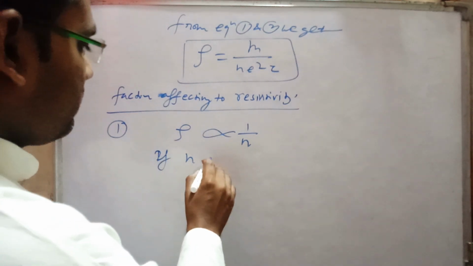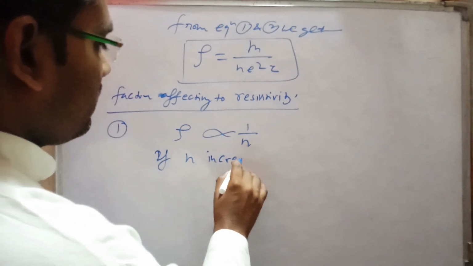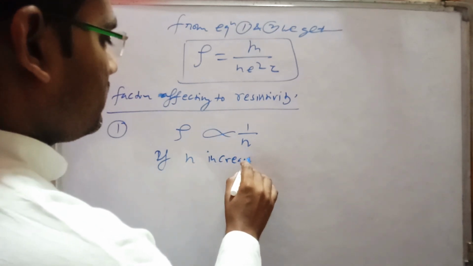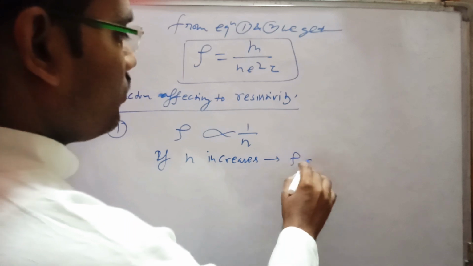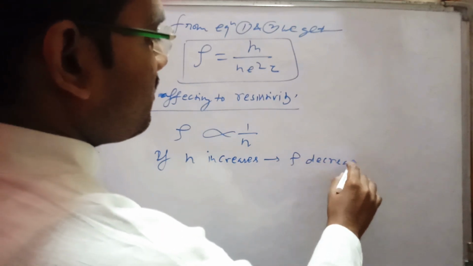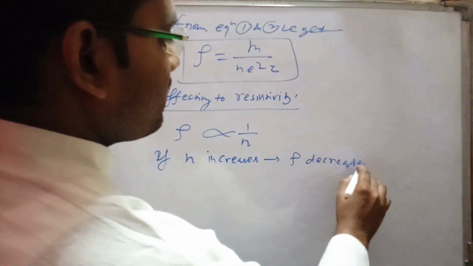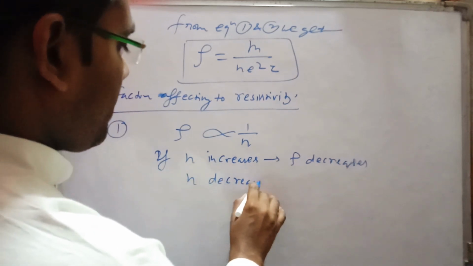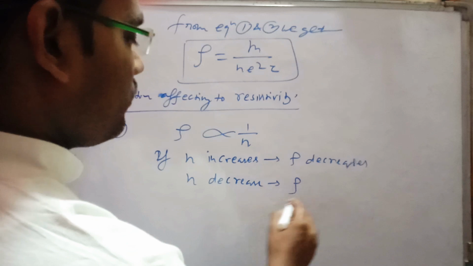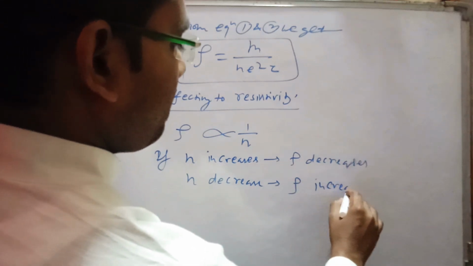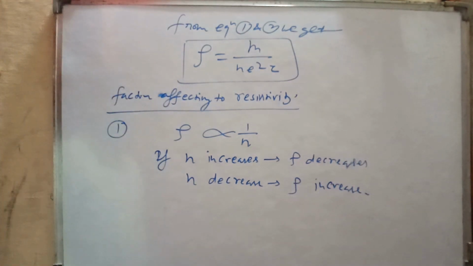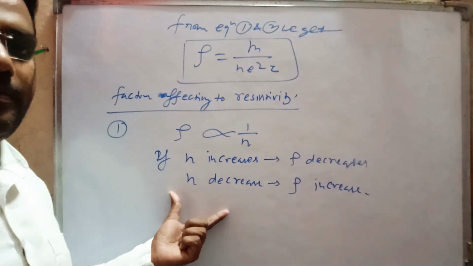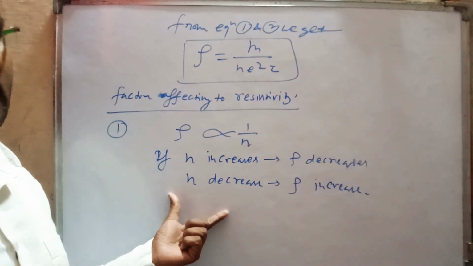If n increases, rho decreases, and if n decreases, then rho increases. That means resistivity depends on number density of free electron.